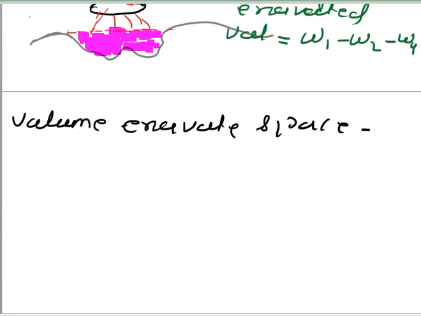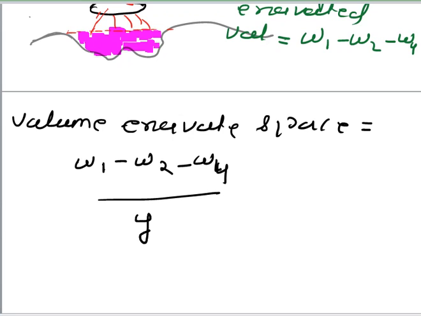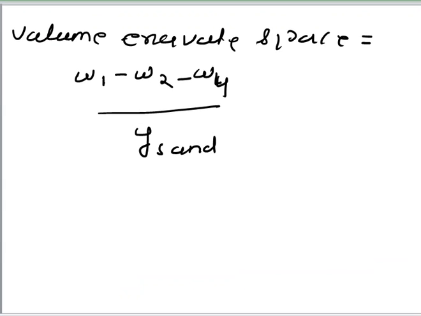Why? We have the density of this sand which we calculated in the first stage. The volume of excavated space will be the weight of sand in the excavated space divided over the density gamma sand of the standard sand, which we calculated earlier.